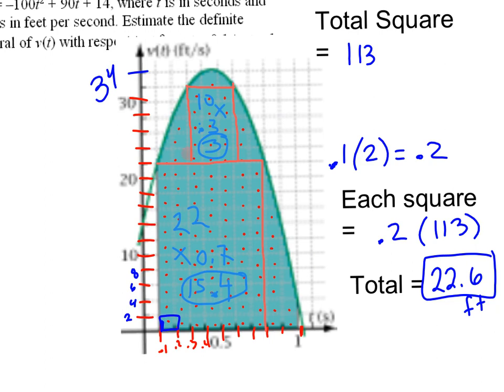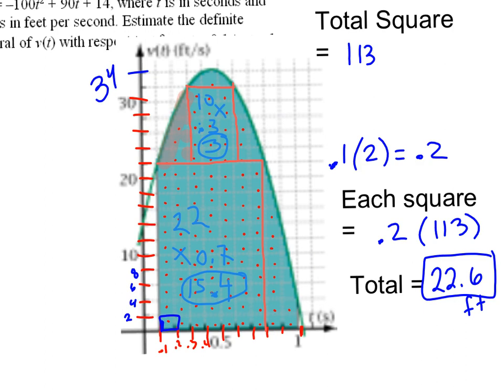So you have 1, 2, 3, 4, 5. Let's say this entire thing is 6. Well, 6 squares times 0.2, because the width of each one is different.